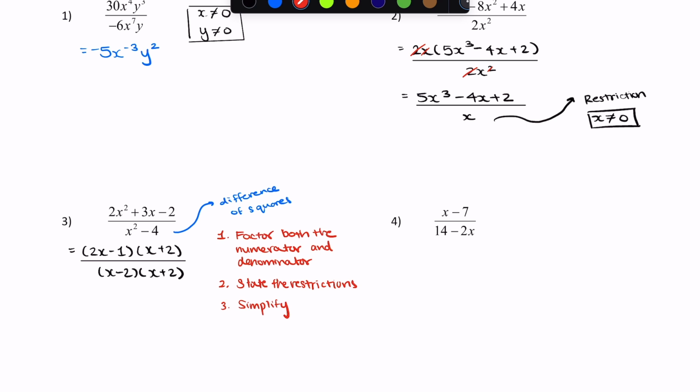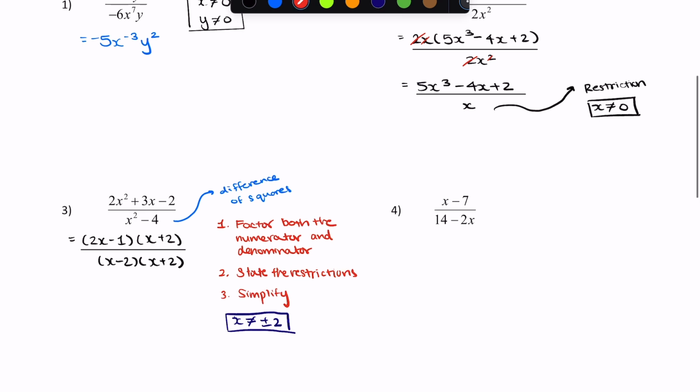Here we want to state the restriction. So we see that x cannot be equal to plus or minus 2. And now we can cancel out the x plus 2, and we'll be left with 2x minus 1 over x minus 2.